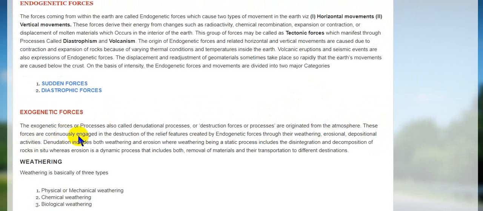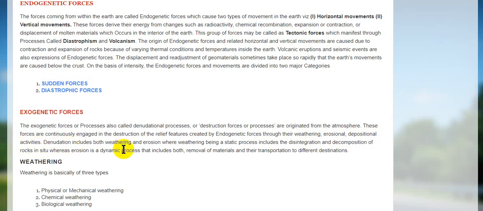These forces are continuously engaged in the destruction of the relief features created by endogenetic forces through their weathering, erosional, and depositional activities.